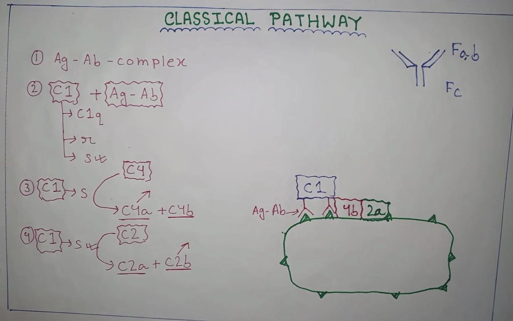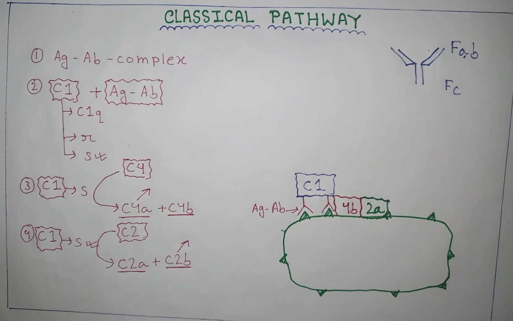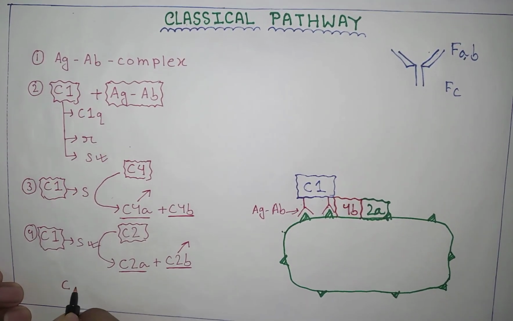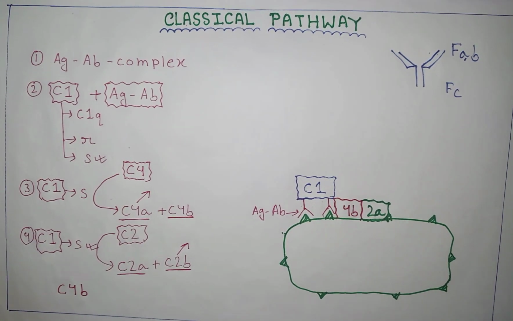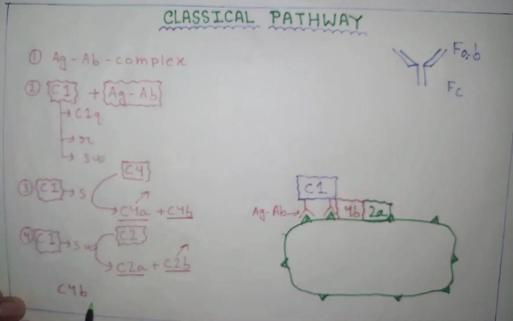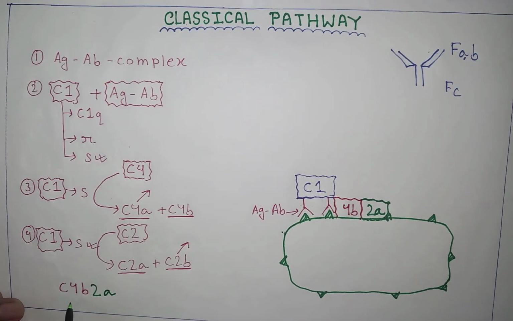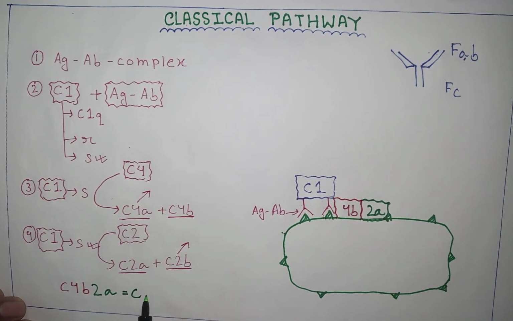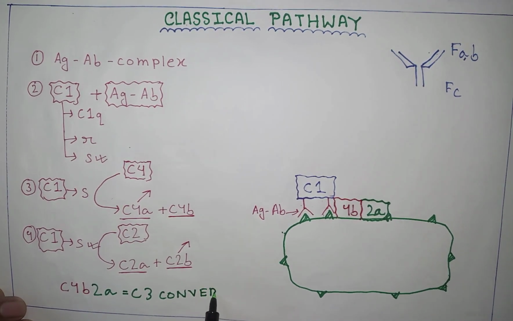Now look at what we have. We have C4B and C2A, which act as C3 convertase.